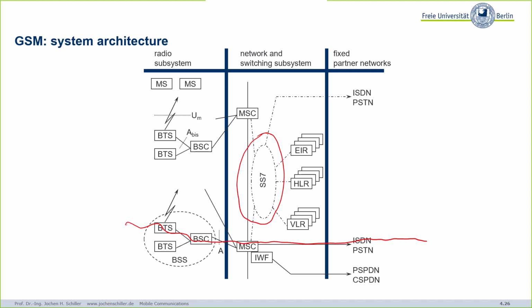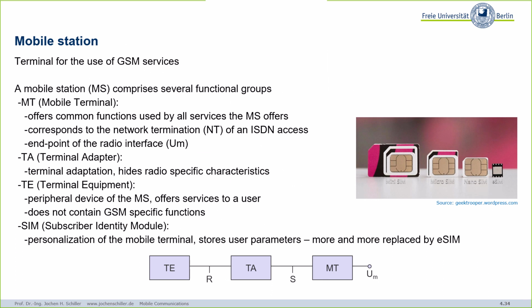I talked about frequencies, also the separation, SIM and mobile station. So that was a key idea of the GSM architecture, that the SIM, the subscriber identity module, you see different generations here, is really separated from the device. So in some countries you still have devices there that are locked to a certain operator.